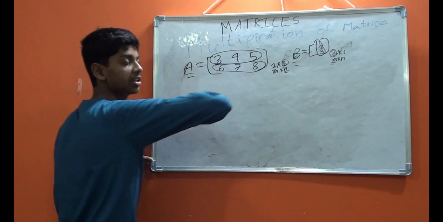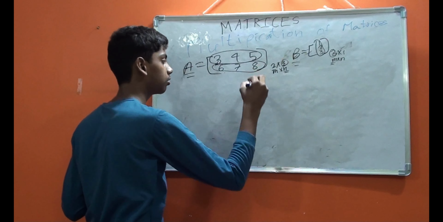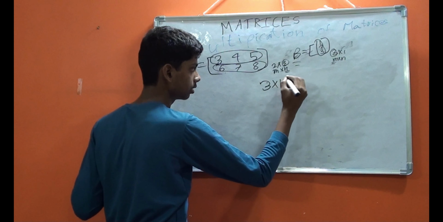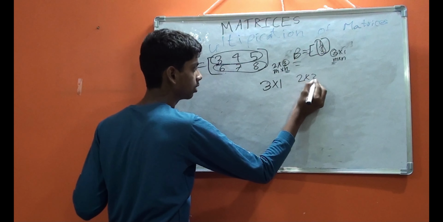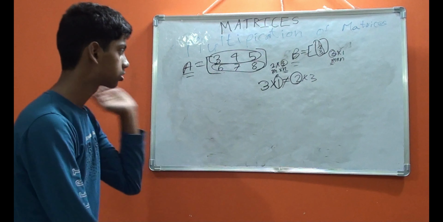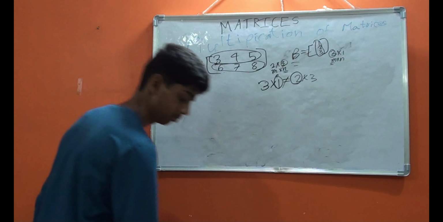If we multiply it in the reverse order, then the order would become 3 into 1 and 2 into 3. These two values are not equal, so we cannot multiply them.